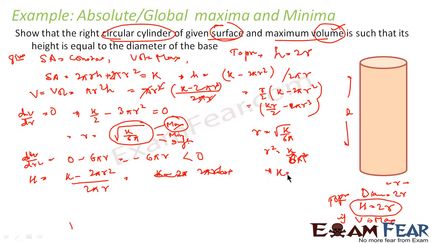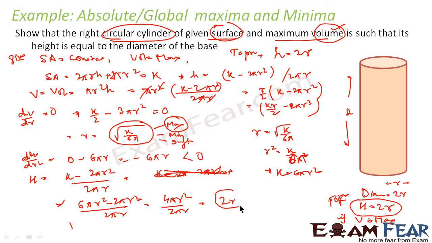I'll put this here: h is equal to 6 pi r square minus 2 pi r square, by 2 pi r. That is 4 pi r square by 2 pi r, that is 2r. So we have found h is equal to 2r, and that is what we were looking for.